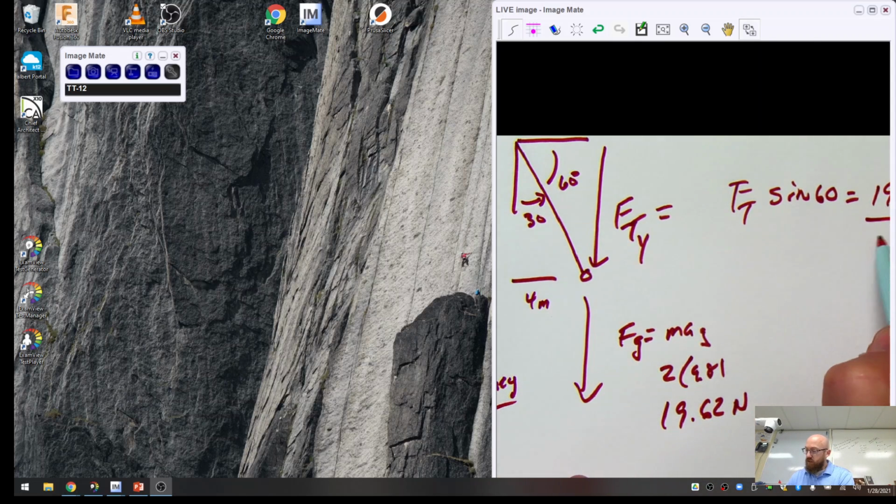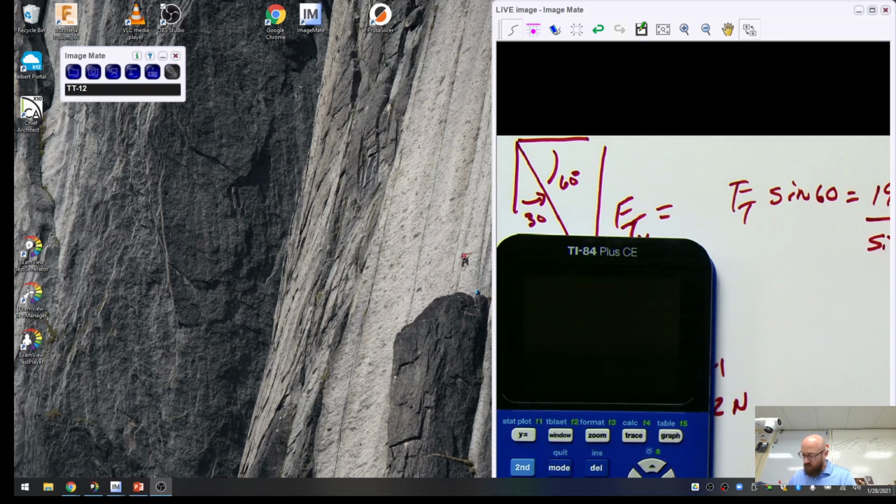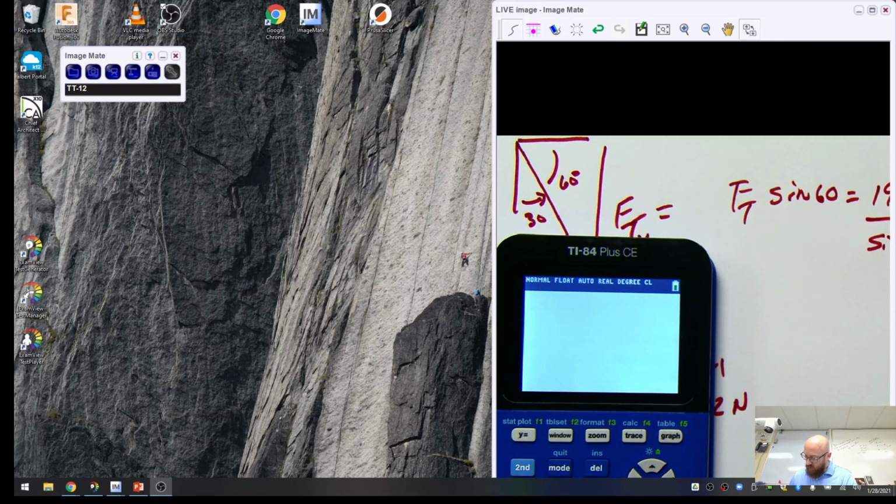Divide over the sine of 60. 19.62 divided by sine of 60. The force in tension of the string is 22.65. I'll carry way too many decimals through.